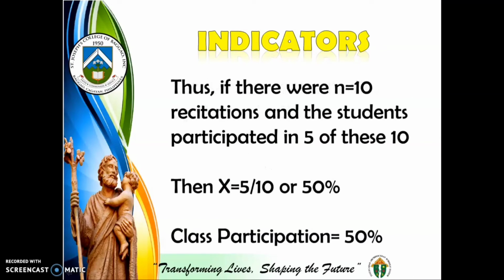Thus, if there were 10 recitations, and the student participated in 5 of these 10, then X is equal to 5 divided by 10, or 50%. So the class participation will be 50%. So that is about indicators.